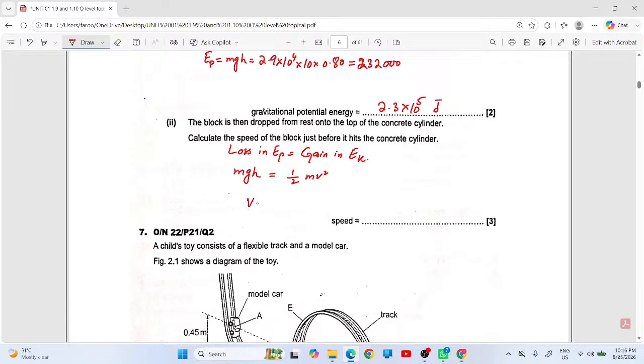So we just have to find v. So m cancels, and v is the square root of 2gh.